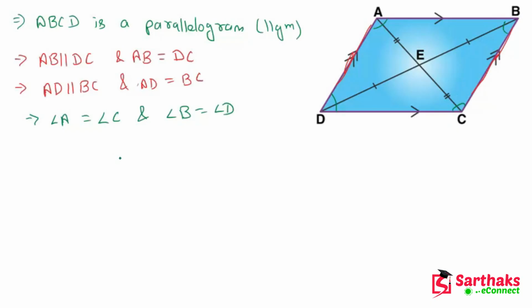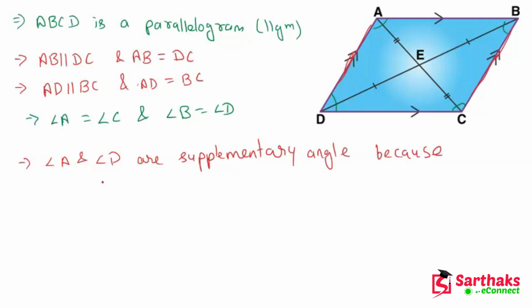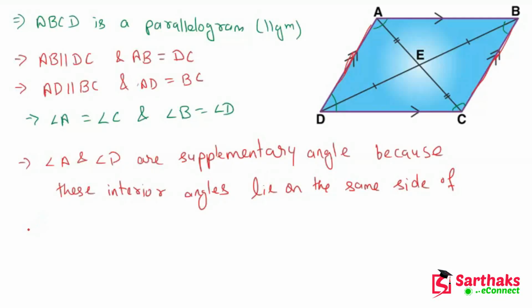Supplementary angles means the sum of those two angles is 180 degrees. So we can write angle A and angle D are supplementary angles because these interior angles lie on the same side of the transversal.